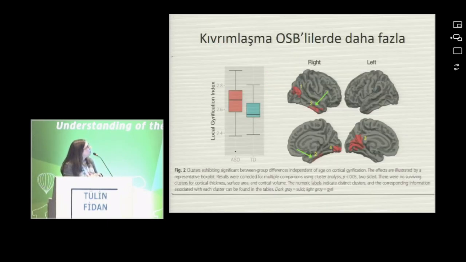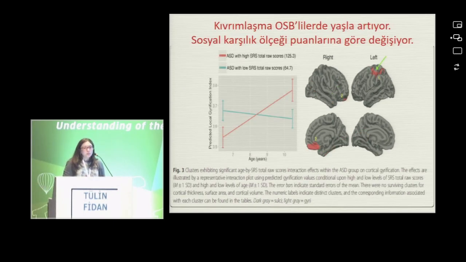Here, gyrification in autistic children is found to be higher. Gyrification is increasing with age in autism spectrum disorder, and there is a change based on the index.